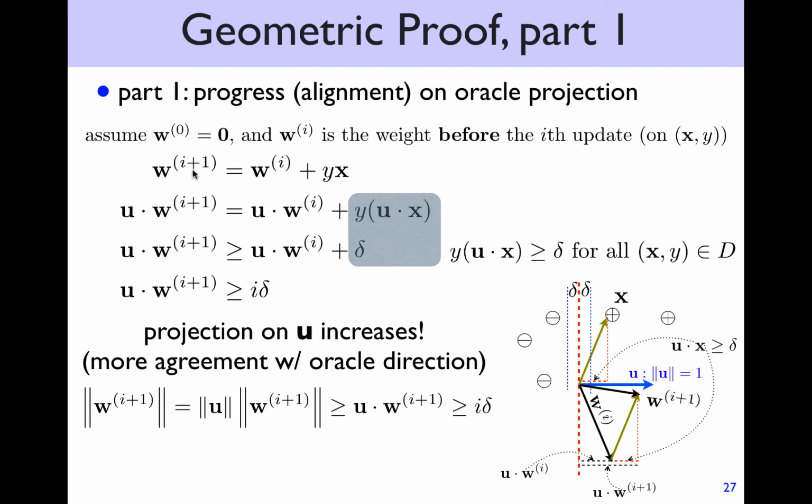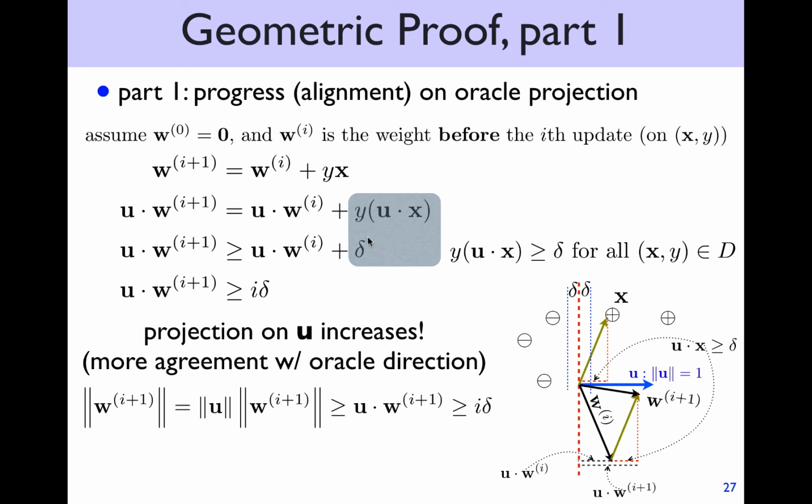So wi plus 1 is wi plus yx, that's the update. And if you dot product both the left and right sides with the unit oracle vector u, you get u dot wi plus 1 equals u dot wi, the old one, plus y times u dot x, the current example.